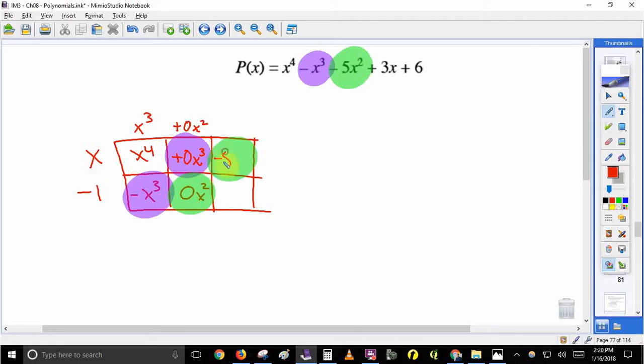So this is negative 5x squared, which makes that negative 5x. And this is positive 6x. Keep going.